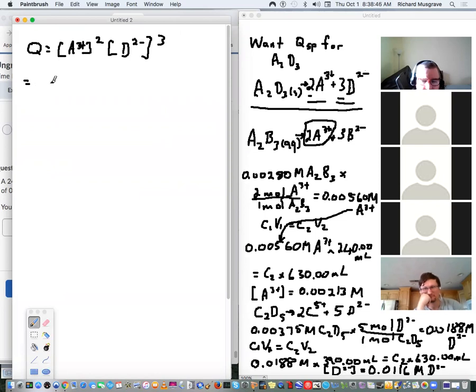We get 0.00213 squared multiplied by 0.0116, and that's cubed. And then that comes out with the Q value.